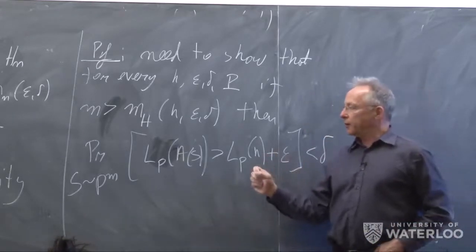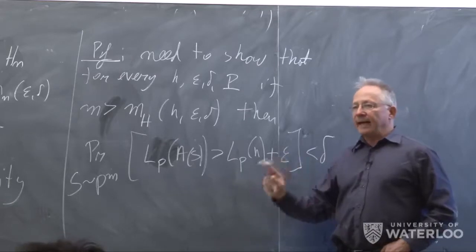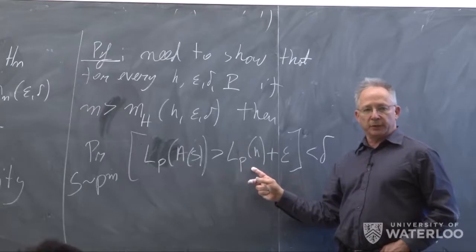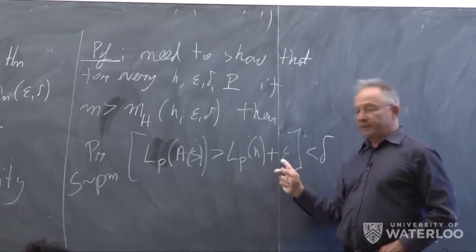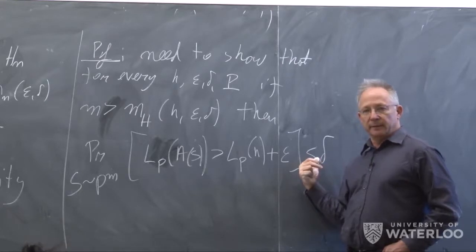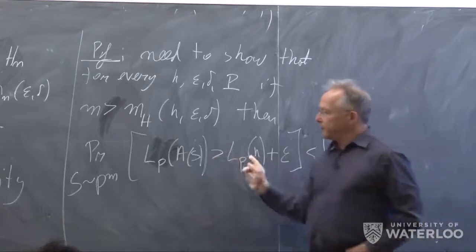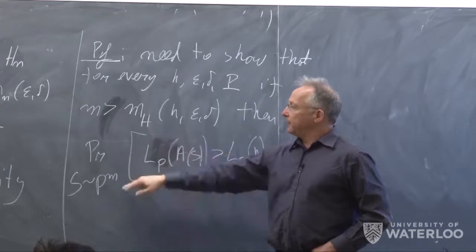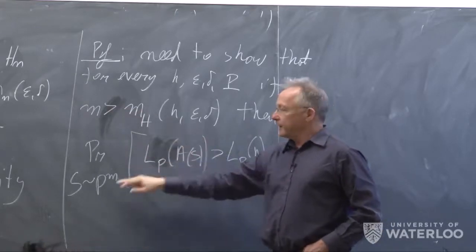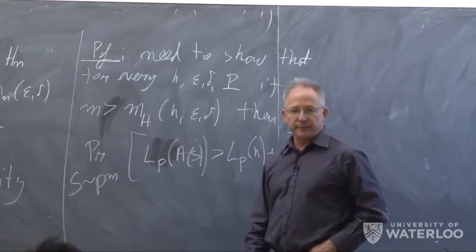For every h, I can guarantee that it's unlikely that my error will be bigger than the error of this h plus epsilon. Unlikely means less than delta. And this was for a specific h because the sample size m is determined by this h. For every h I want to compete with, there will be a different sample size.